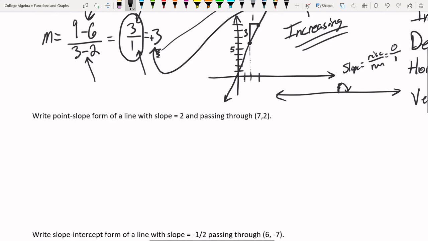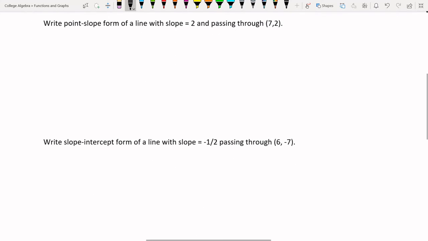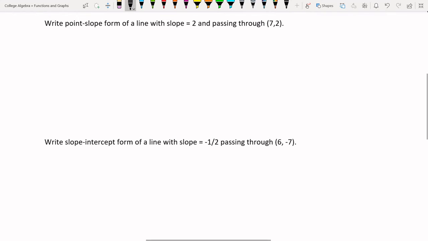Okay. Write the point slope form of a line with slope 2 passing through (7, 2). Point slope form of a line is y minus y1 equals m times x minus x1. We know the slope and we know the point. All we really have to do then is just plug things in and we're done.